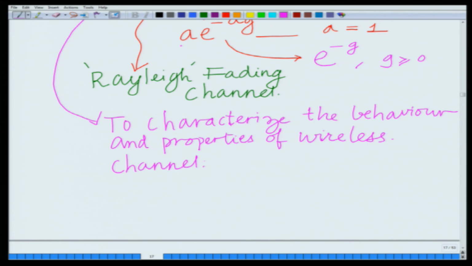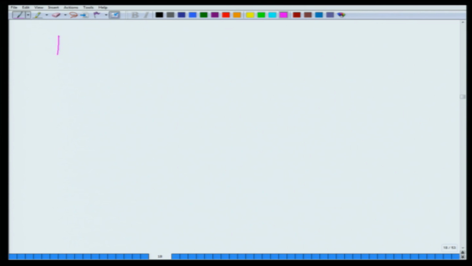For instance, let us look at this simple example. Since we are talking about the characterization of the behavior of the wireless channel, let us look at this simple example.